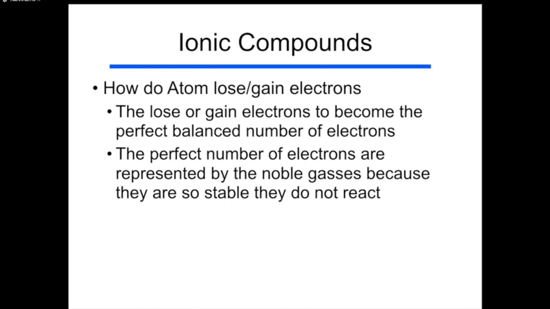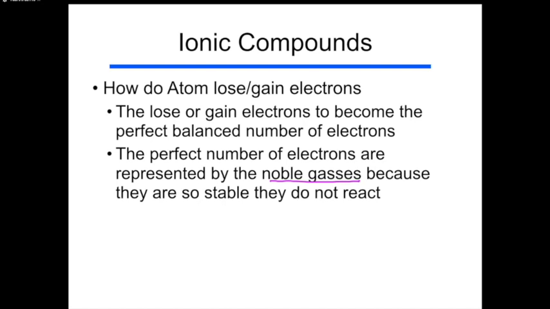We won't go into exactly what that distribution is, but I will tell you there are atoms on the periodic table that represent these perfect numbers of electrons in a perfect shape, and they are denoted by the noble gases. In fact, if you think back to how we describe noble gases, they are unreactive, meaning they don't want to gain electrons, they don't want to lose electrons.